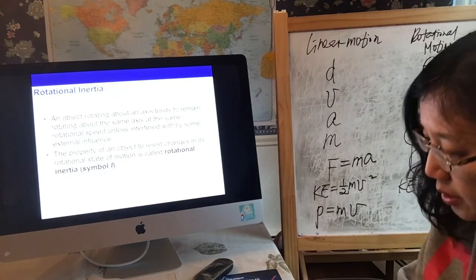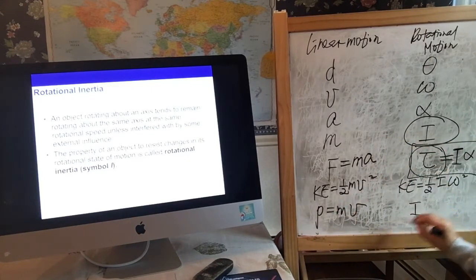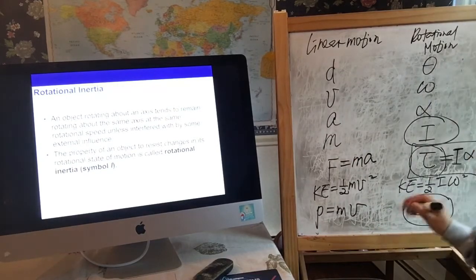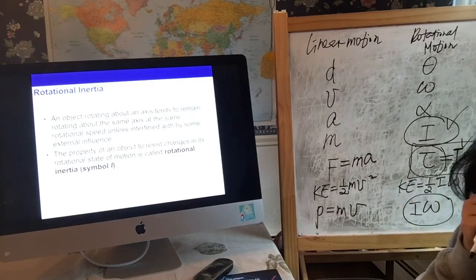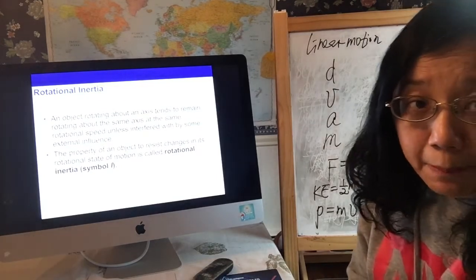The angular momentum definition is we replace m by I and we replace v by omega. We're going to cover all these things later. We focus on rotational inertia today. Next class, we're going to talk about torque, and the following class, we're going to talk about momentum.